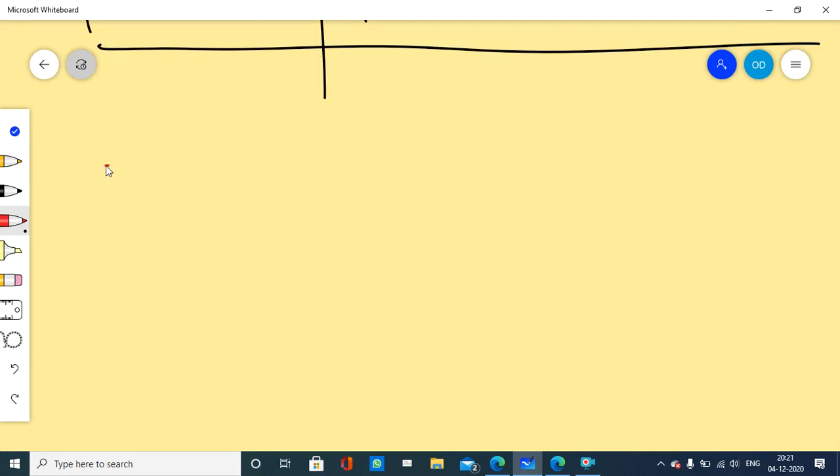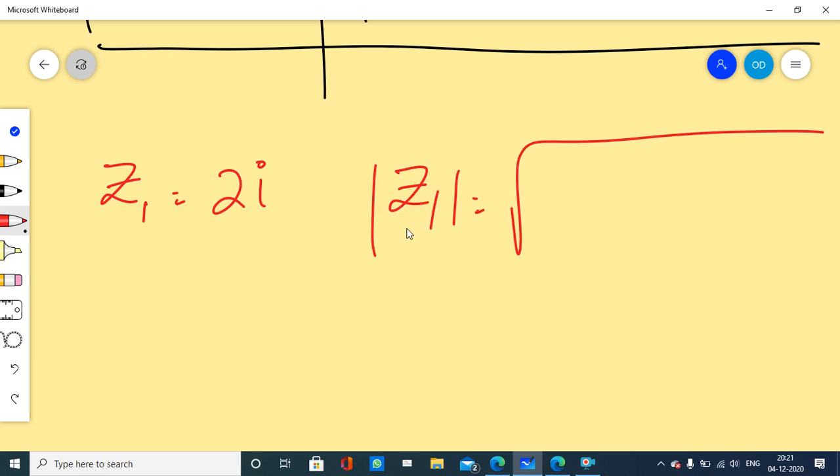Now the second rule. Suppose I give you a purely imaginary complex number, say 2i. Well, 2i is a purely imaginary complex number, and I want you to find its modulus. Well, the rule is what? Square of the real part. And as it is a purely imaginary complex number, can anybody venture to tell me what the real part is?